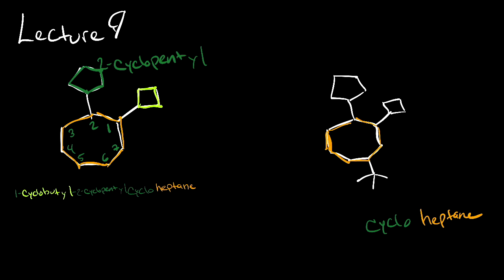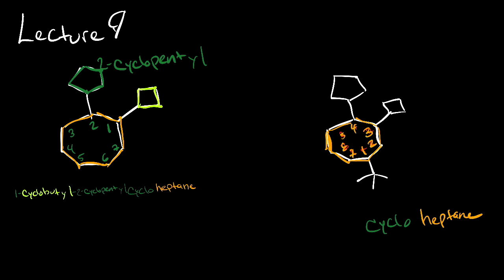When you have more than 2 substituents on a ring, you minimize the number, all right? So if you look at this, we can say count this way: 1, 2, 3, 4, 5, 6, 7, and we would end up with a 1, 5, 7 substitution pattern. That's pretty high number. If we counted the other way, we start 1, 2, 3, 4, 5, 6, 7.